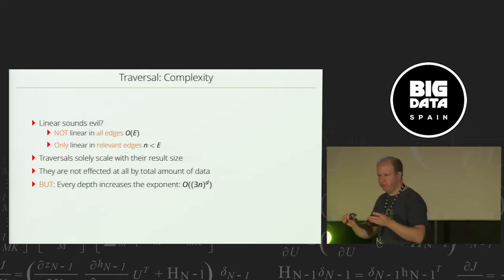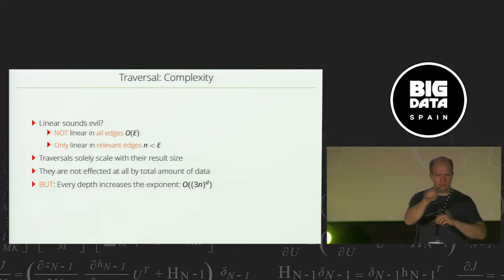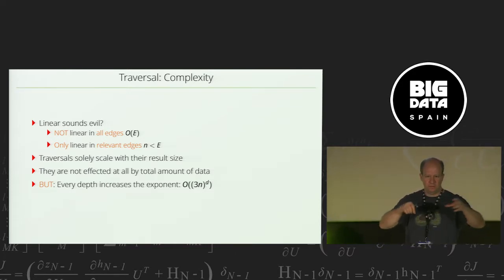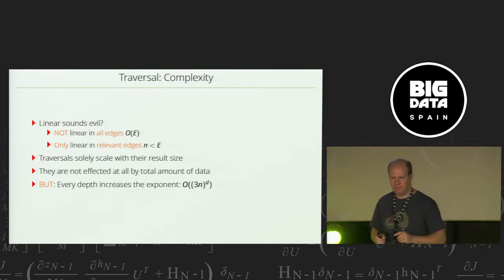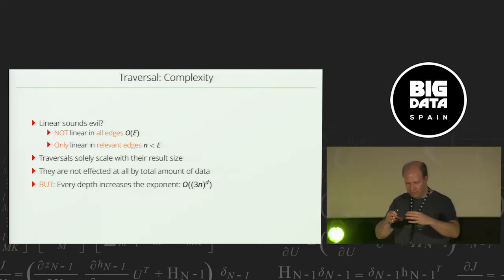If you have a highly connected graph where every vertex is connected to a lot of things, say in a Twitter follower graph or whatever, then if you increase the length of the paths, you get an exponential growth of results.